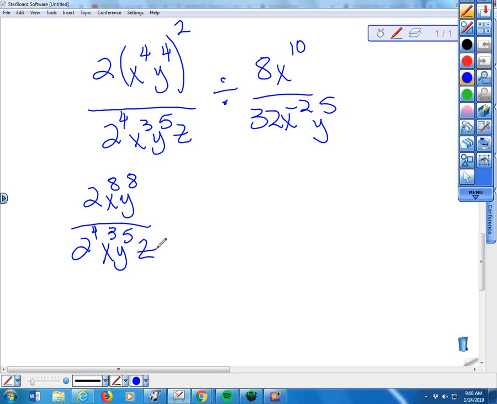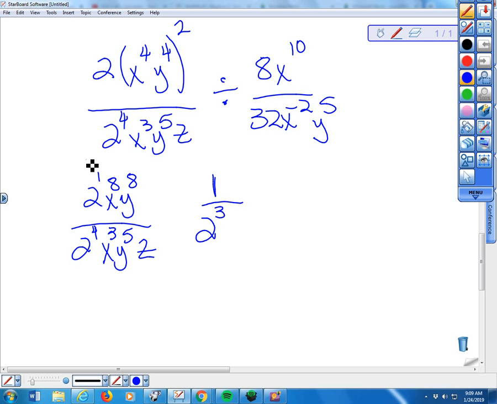Okay, so let's just concentrate on this and worry about this in a minute. So 2, really this is 2 to the 1st, right? So one of these cancels with this, and I have 3 left, right? 1 minus 4 gives me negative 3, which is in the bottom. So I have 1 over 2 cubed.